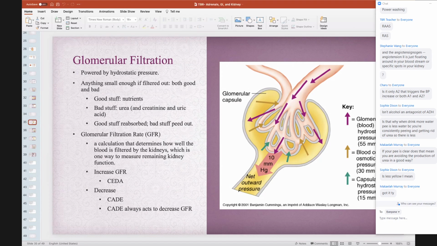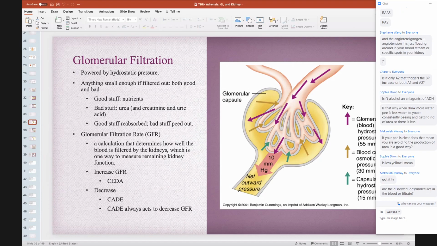Repeatedly, chronically filtering out so much glucose can damage your glomerulus. If you have chronically high blood pressure, you're putting so much hydrostatic pressure on your glomerulus, you could stretch it out as well. You can damage your glomerulus. So if you have a poor diet, or maybe way too much calcium in your diet, calcium is also one of those things that's dissolved in your blood and it has to be filtered out.